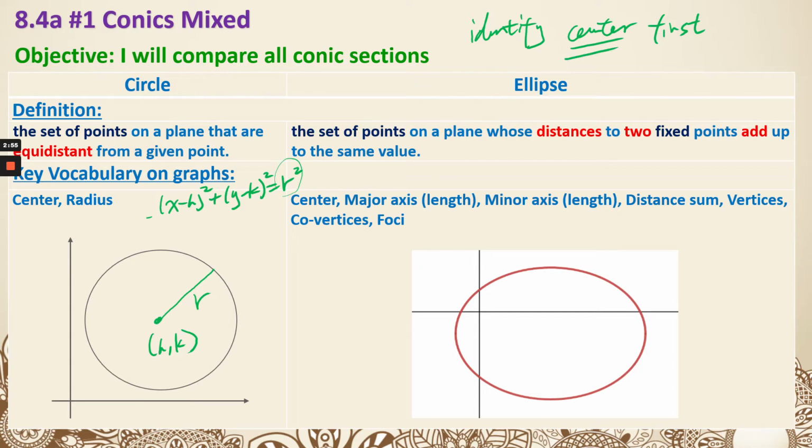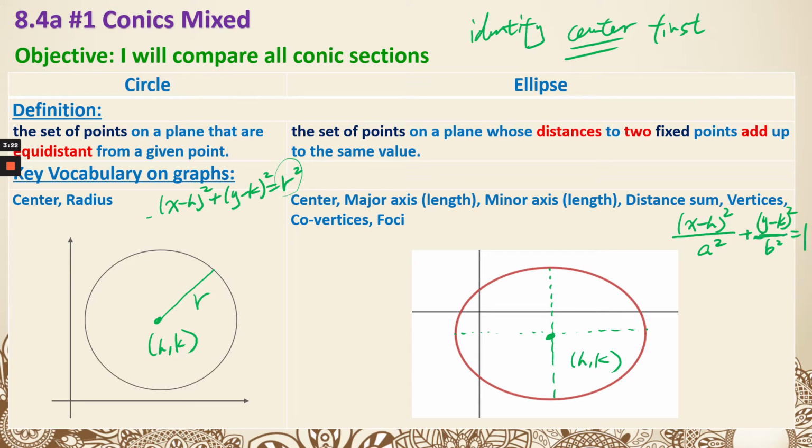So in this case, let's say our center is going to be the h, k. I'm going to draw my major axis and my minor axis. Since the major axis is horizontal, that means this is going to be x minus h squared over a squared plus y minus k squared over b squared. The whole thing equals 1.